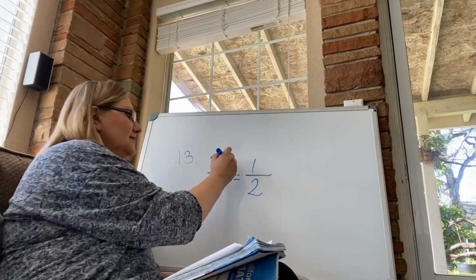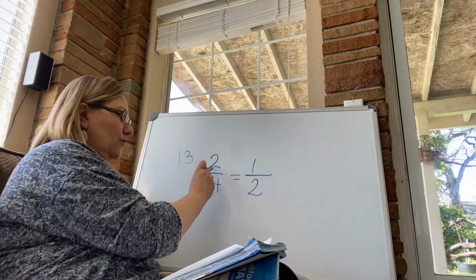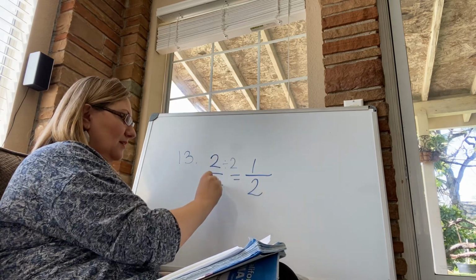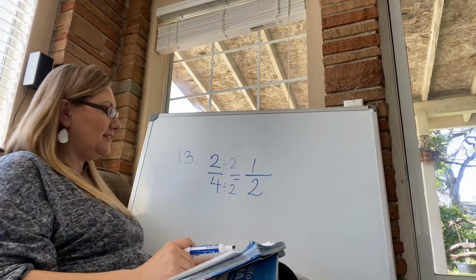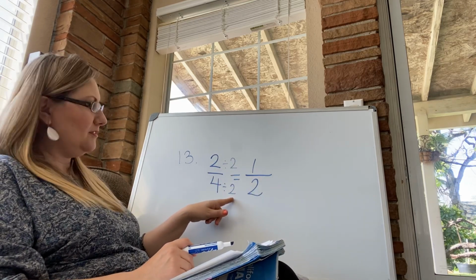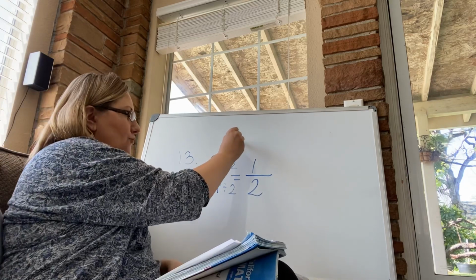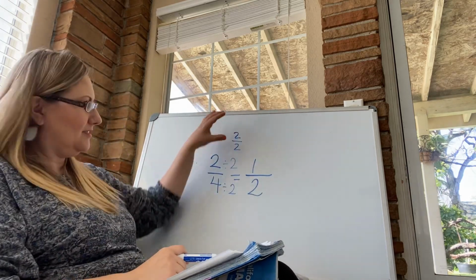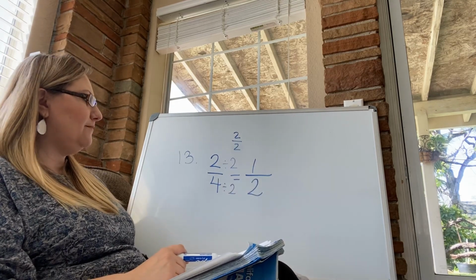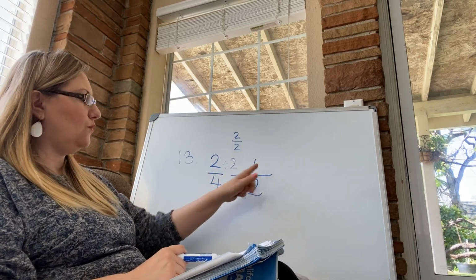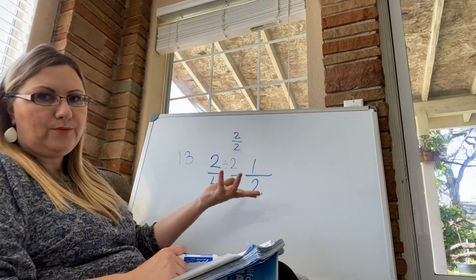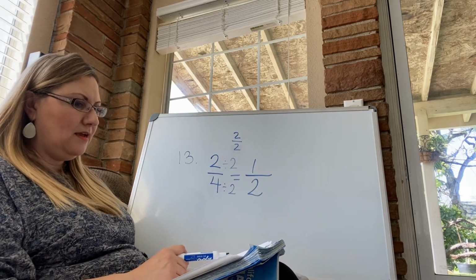So in this case, I can see that both of these numbers 2 and 4 are divisible by 2. And if I divide by 2 over 2, which is the same as 1 whole of something, then you get these numbers. So 2 divided by 2 is 1, and 4 divided by 2 is 2. So that's one way you can reduce the fraction.